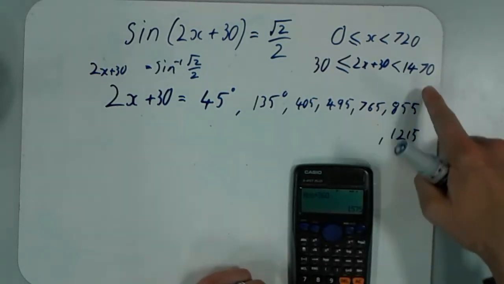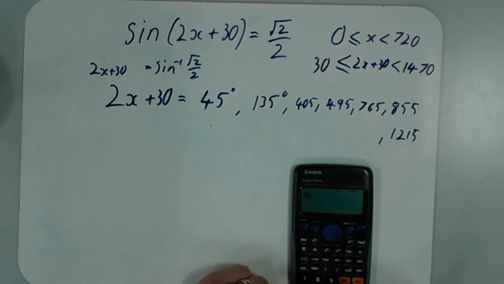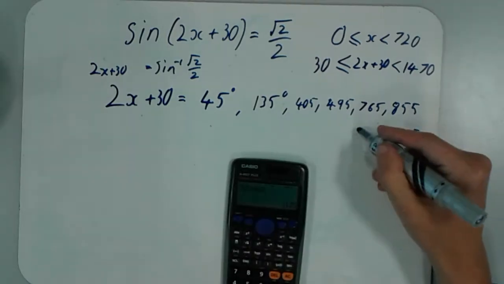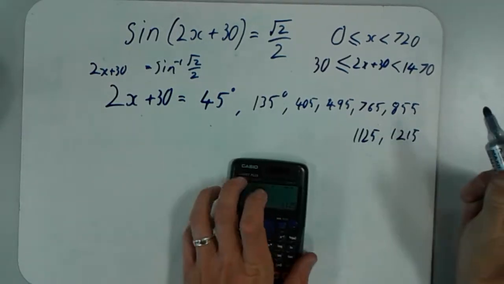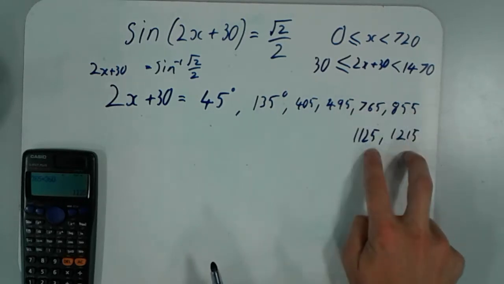Out of the domain, so I leave that one. Let's just add another 360 to that one then. So we can see that I've got 2, 4, 6, 8 solutions.